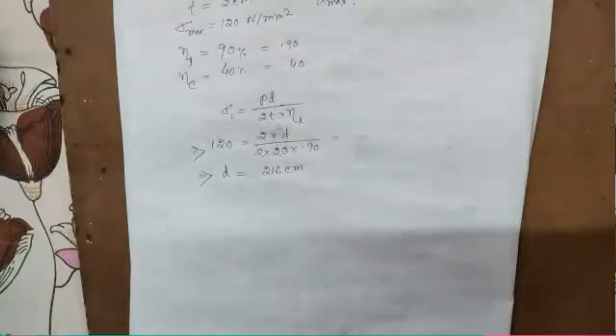As the thickness is given in centimeter, that's why we are keeping the internal diameter in centimeter. However, if you find out the answer in millimeter, that will be of no problem. But to provide similarity with the problem, we are keeping it in centimeter.